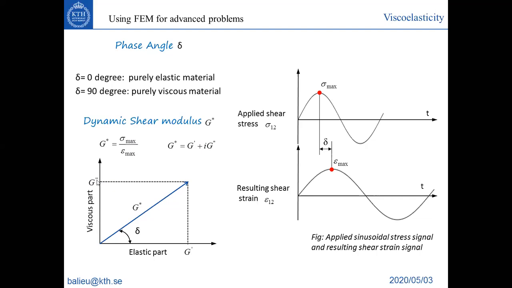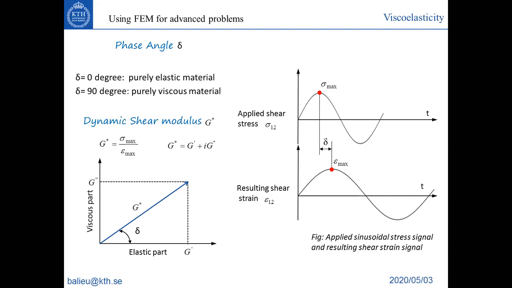If your time delay is higher, that means you have a material which behaves more as a liquid. So a viscoelastic material is a material which is something in between this viscous part and elastic part.